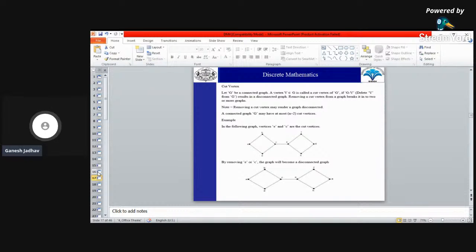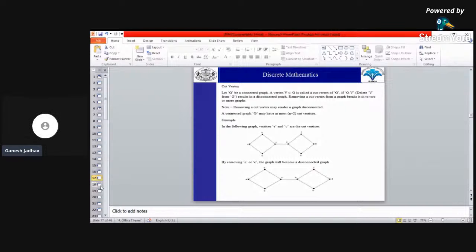Then another one. In the following graph, vertices E and C are the cut vertices. By removing E and C, the graph will become a disconnected graph.